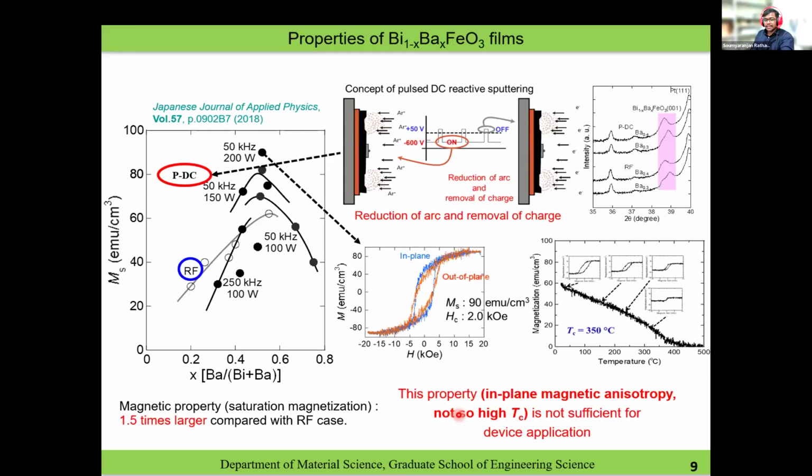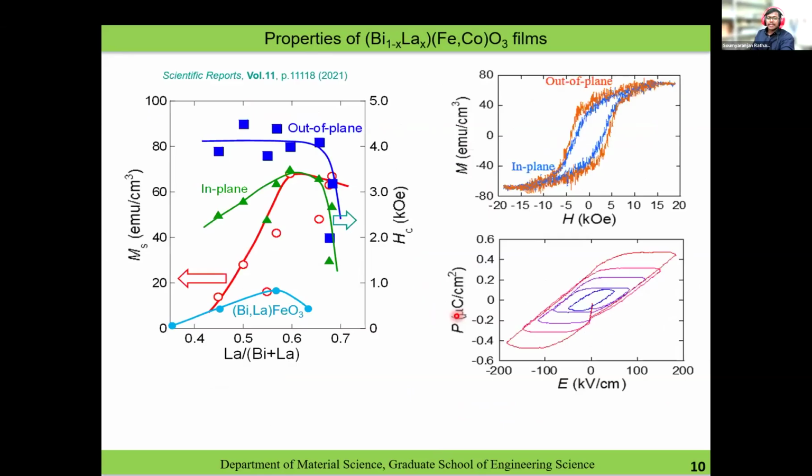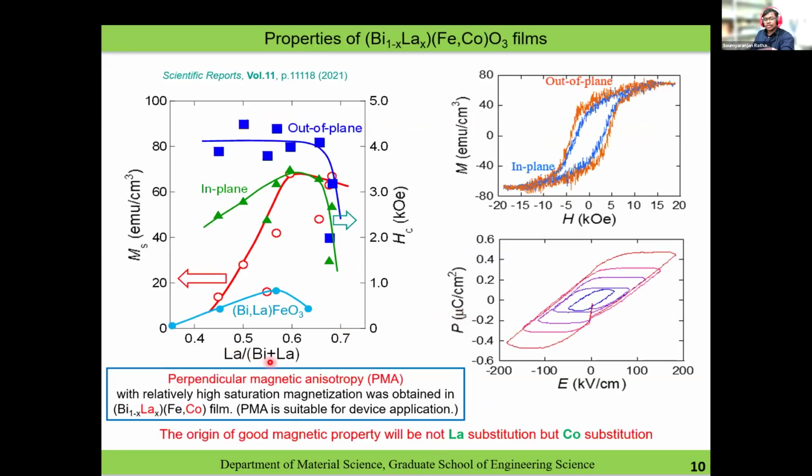As we know, for magnetic sensor devices and magnetic memory devices, we need a material that shows out-of-plane magnetic anisotropy. So this material failed to be a candidate material. Then again, we started studying, substituting lanthanum on the A side and cobalt on the B side, and here we successfully found perpendicular magnetic anisotropy, and this can be a candidate material.